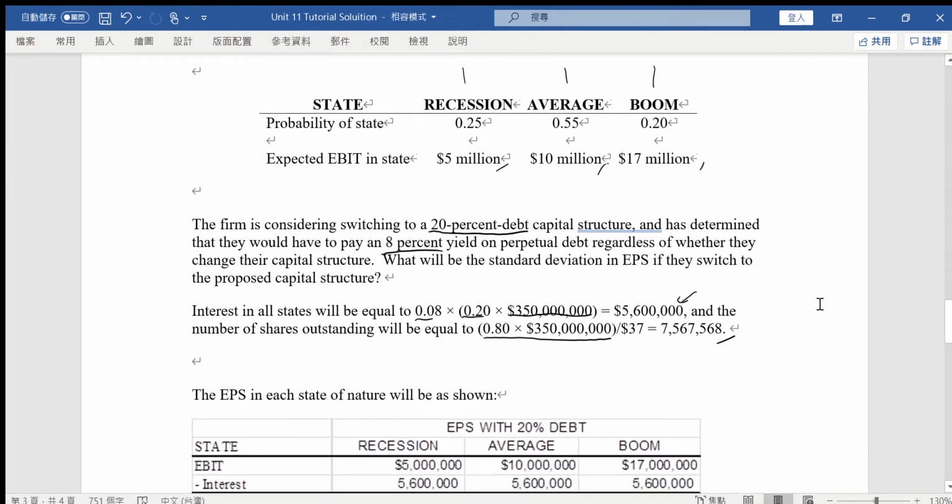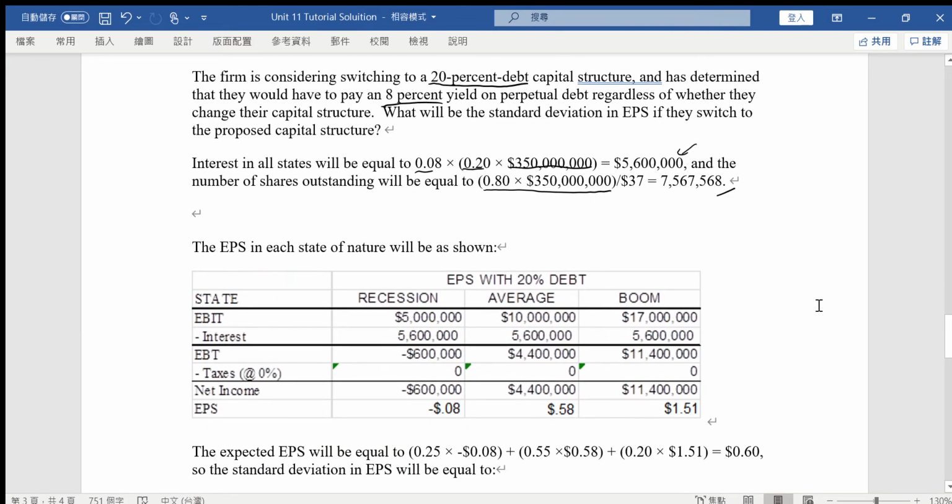Okay, according to the information, there are three possible economic situations: recession, average, boom. Then we look at this outcome. If the company finances by debt, it will be required to pay interest, and that will be the interest amount. No matter what the situation, you will pay the same amount, 5.6 million.